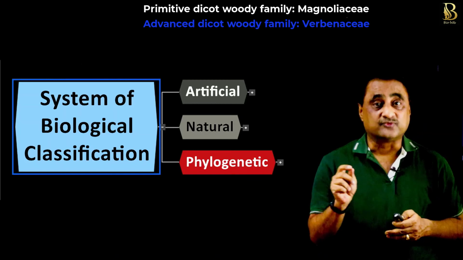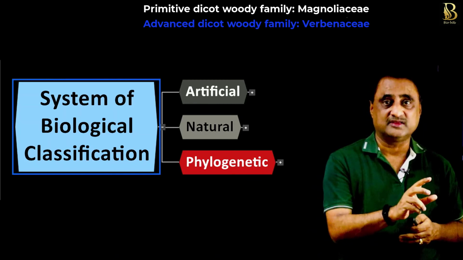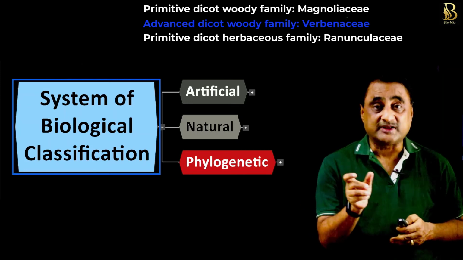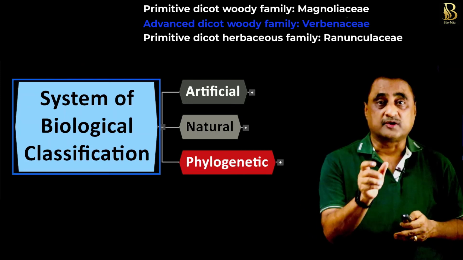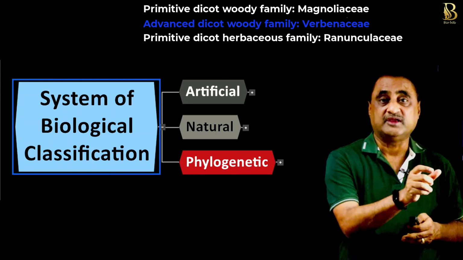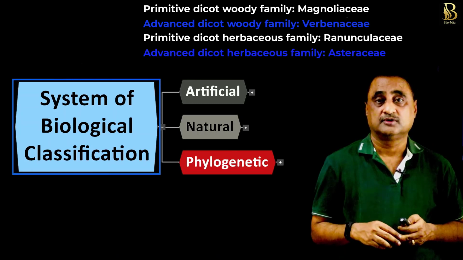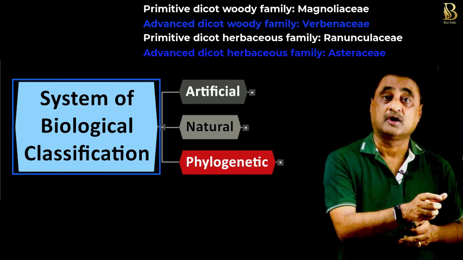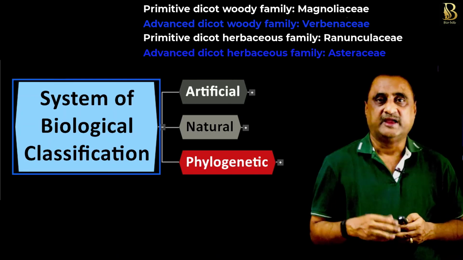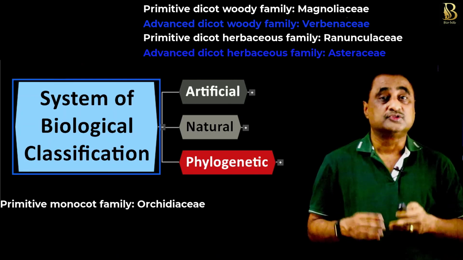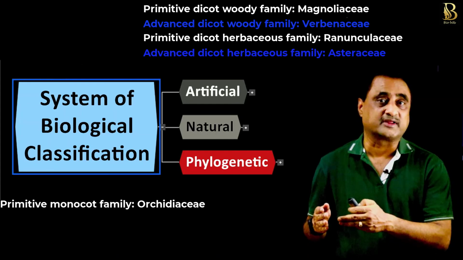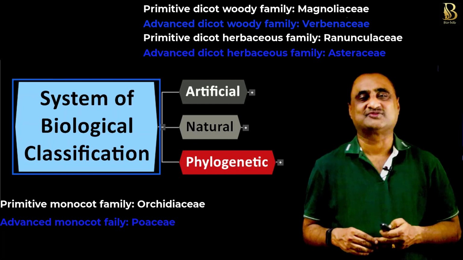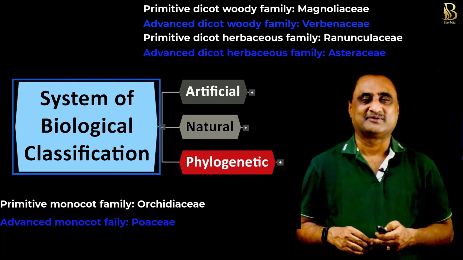The most advanced woody family is Verbenaceae, in which the teak plant is there. The most primitive herbaceous family is Ranunculaceae. The most advanced herbaceous dicot family is Compositae. As far as monocot is concerned, the most primitive family is Orchidaceae, and the most advanced family is Poaceae. That is often asked in competitive examinations.